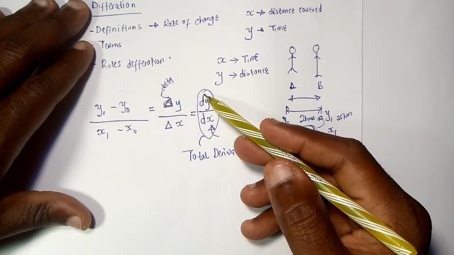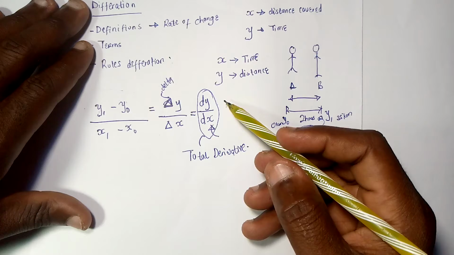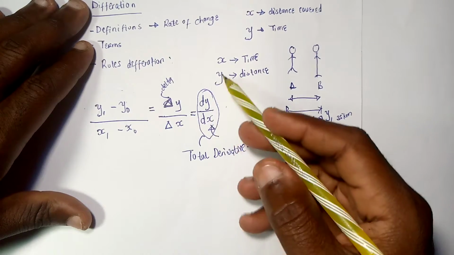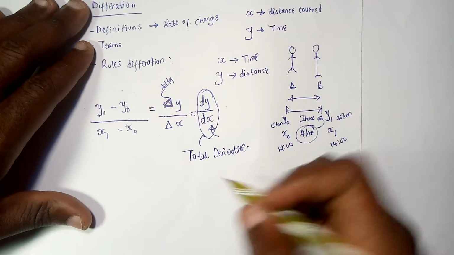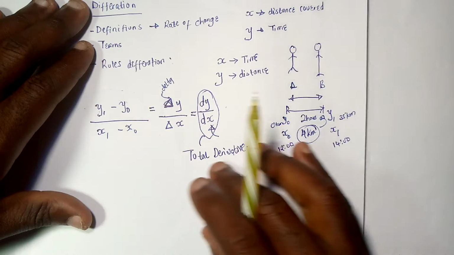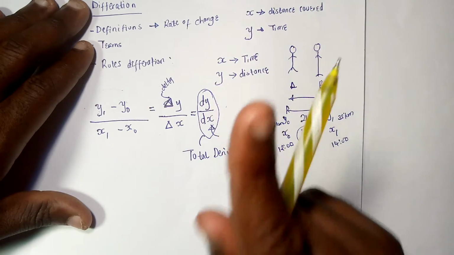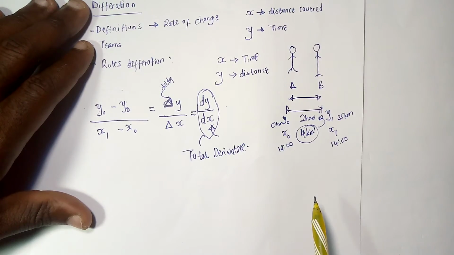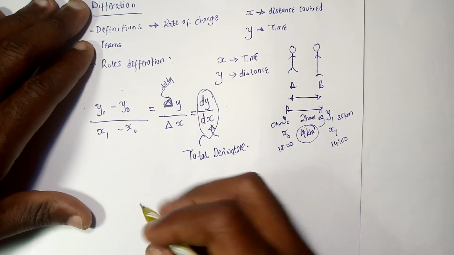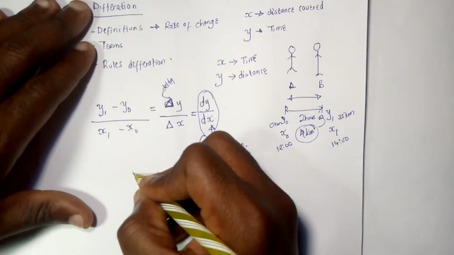Now, this one is usually used in differentiating, especially a function that has one variable. But in some cases, you can have something that has several variables, but you only want to look at one particular variable. All right. So let us say something like temperature.